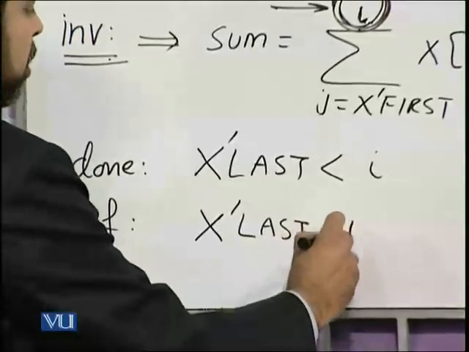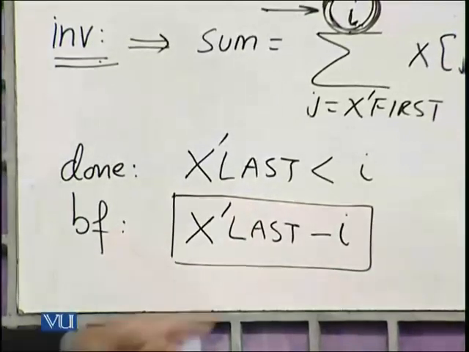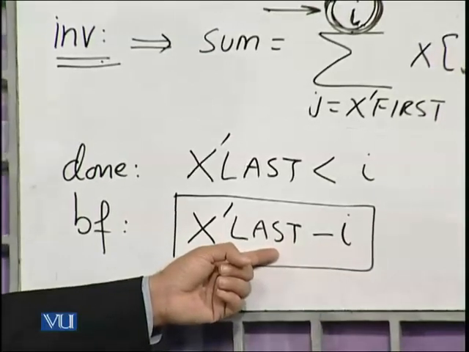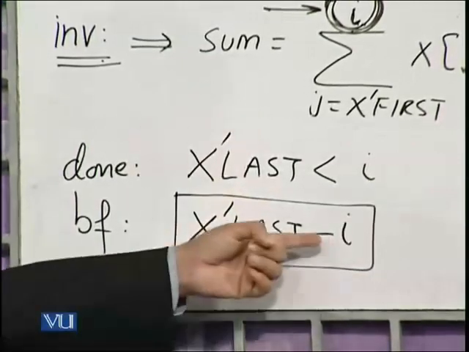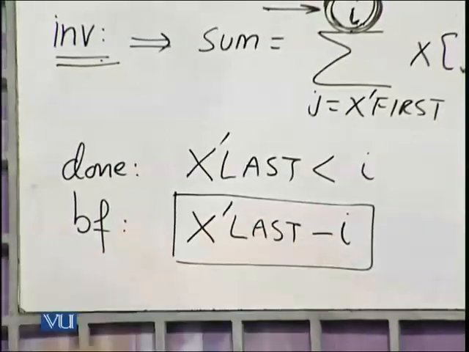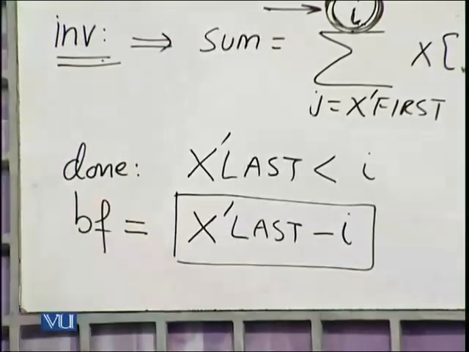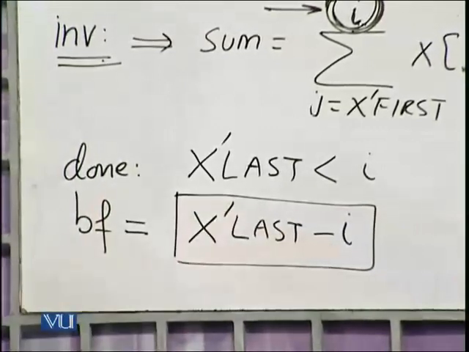So in this particular case, this is the bound function, x last minus I. As long as the value of I is less than x last, we are still iterating inside the loop, and as soon as I is equal to x last, the value of this statement becomes 0. So the bound function is equal to this. When they are equal, the value of the bound function will be equal to 0, and then we will come out of the loop.